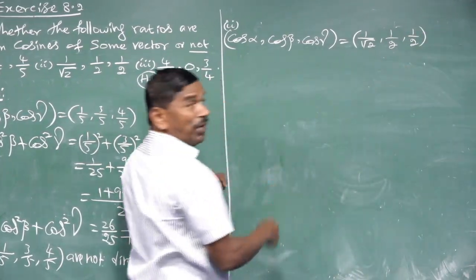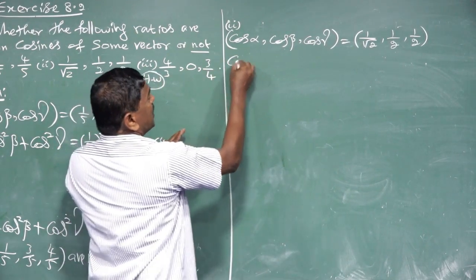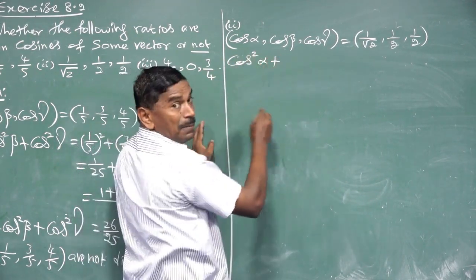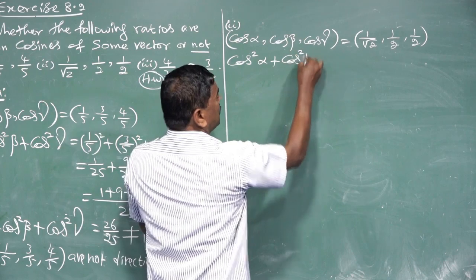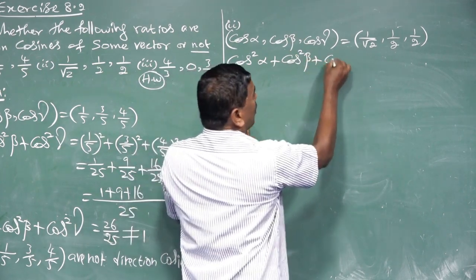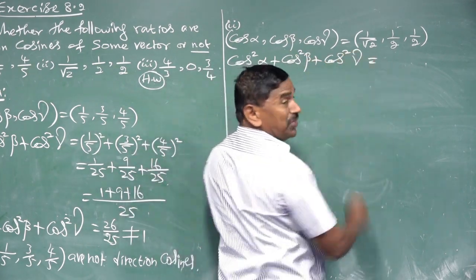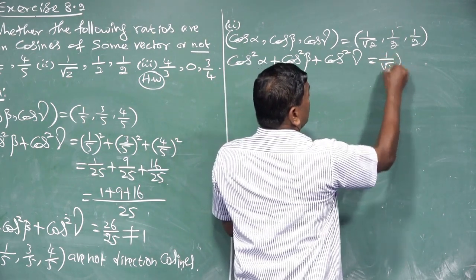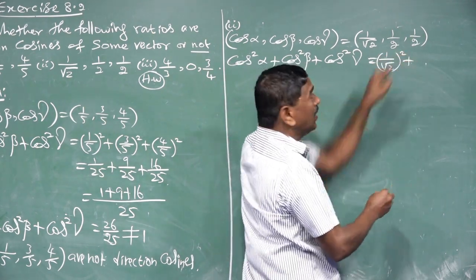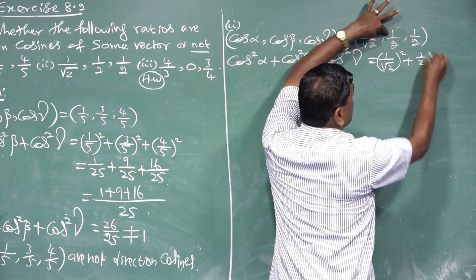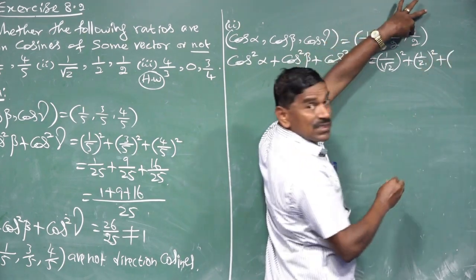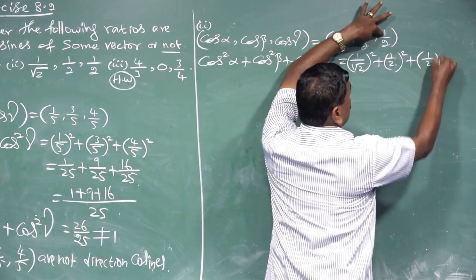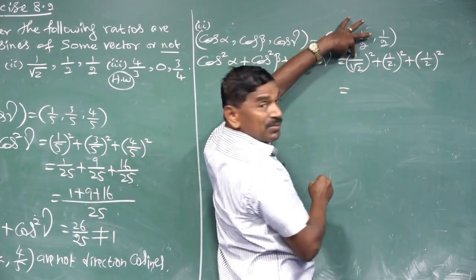Now verification. Verification is very simple. Cos square alpha plus cos square beta plus cos square gamma is equal to 1 by root 2 the whole square plus 1 by 2 the whole square plus 1 by 2 the whole square. Which is equal to?